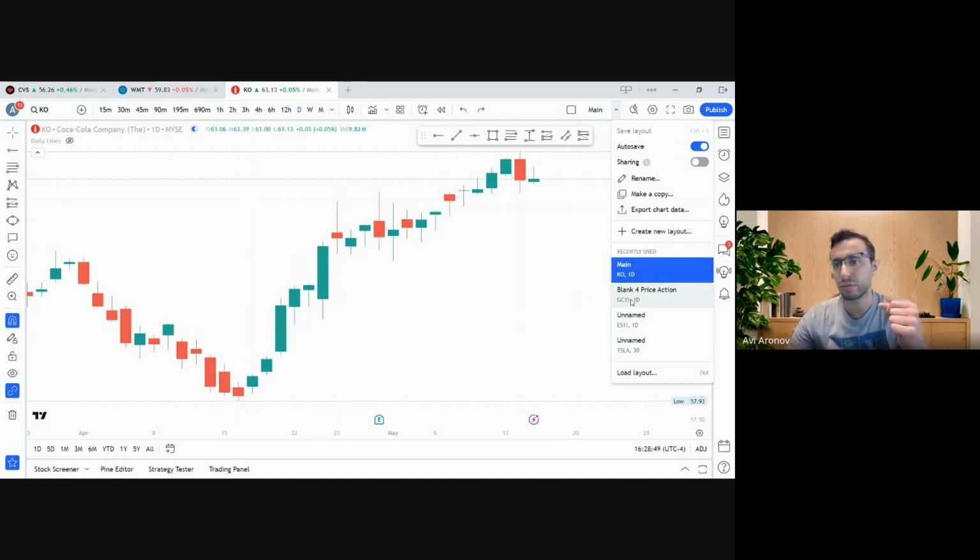So let's say this one, I never chart on it. It's if I want to go and just look at blank price action, to see how it's going up and down, sideways, or whatever the case might be, I will be able to go to that one.